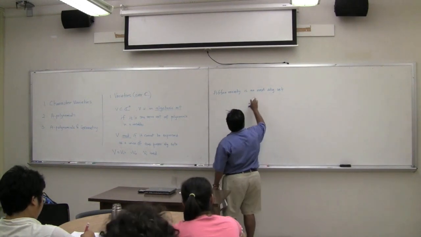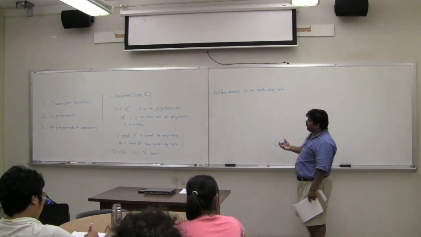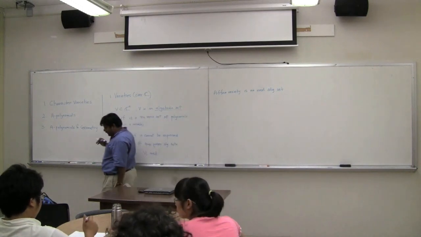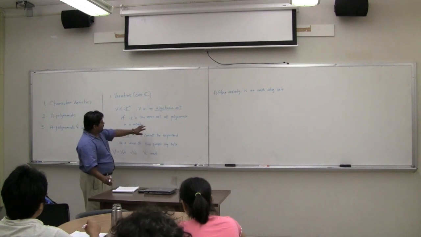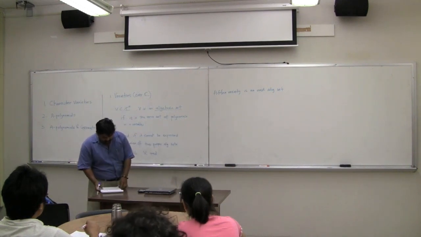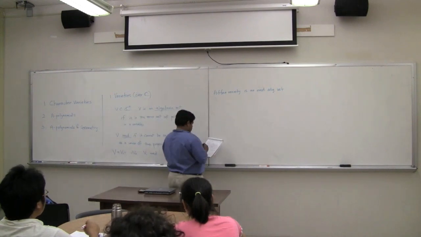The nice thing is you have a coordinate ring for every algebraic set. You have an algebraic set, all going on in Cn, and there is a set of polynomials associated with the algebraic set. So the set of polynomials has some meaning.